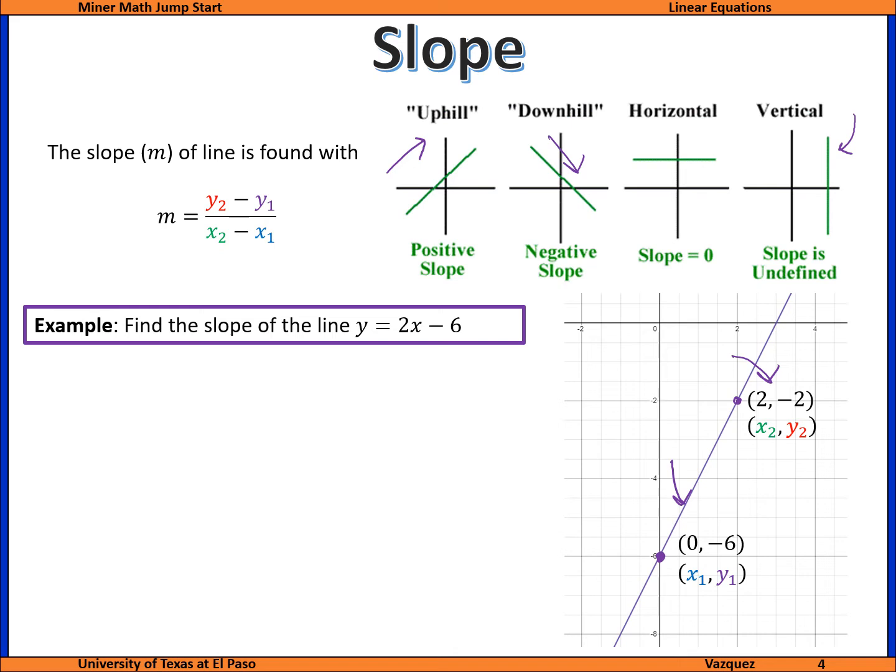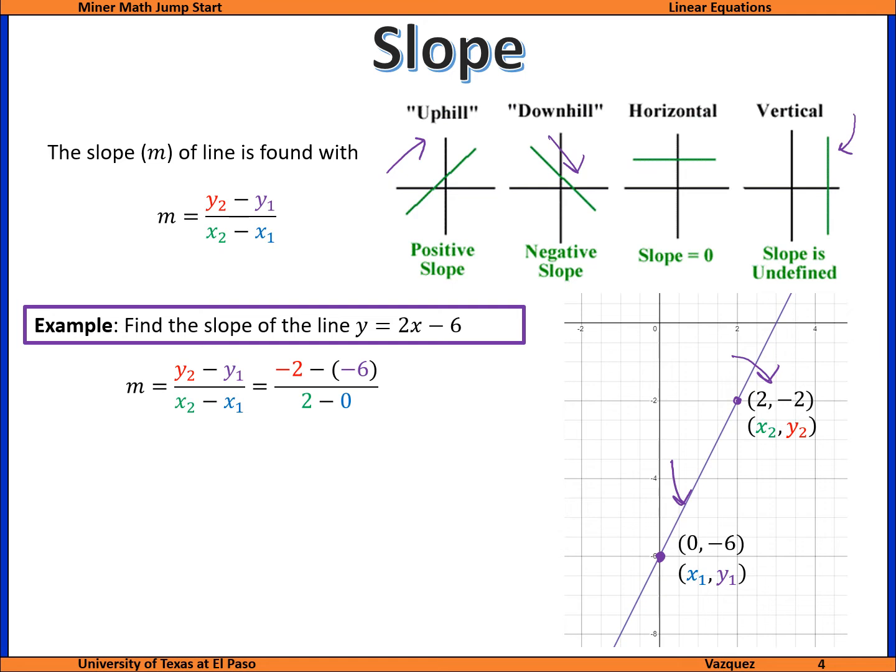Absolutely. It doesn't matter which ones you label, as long as you label 2 points. It'll work either way. But now we can use our formula. So we have m equals -2 minus -6 over 2 minus 0.